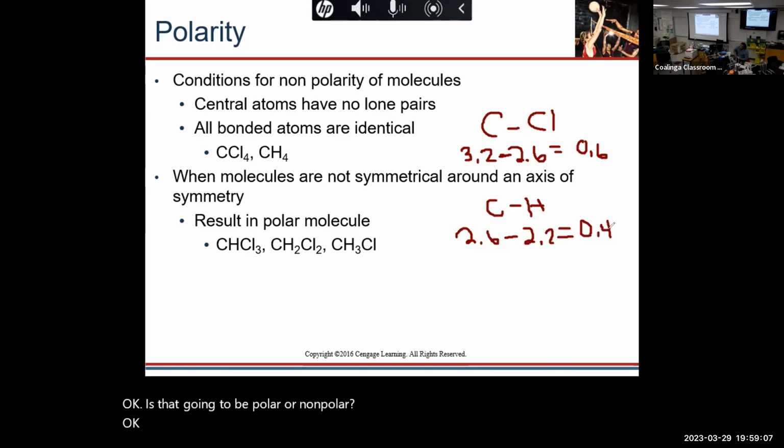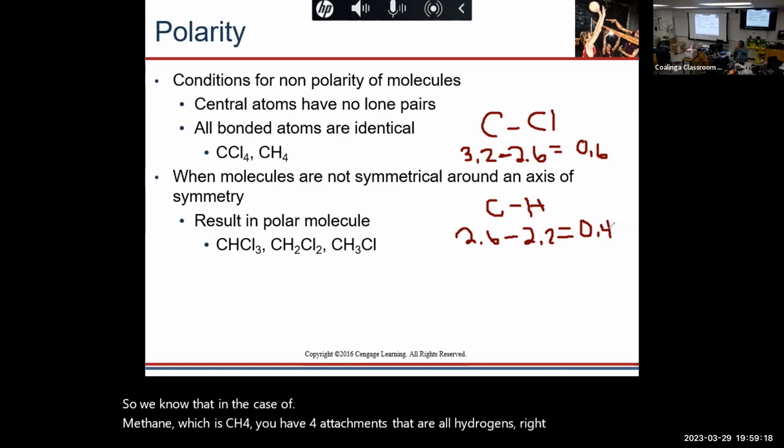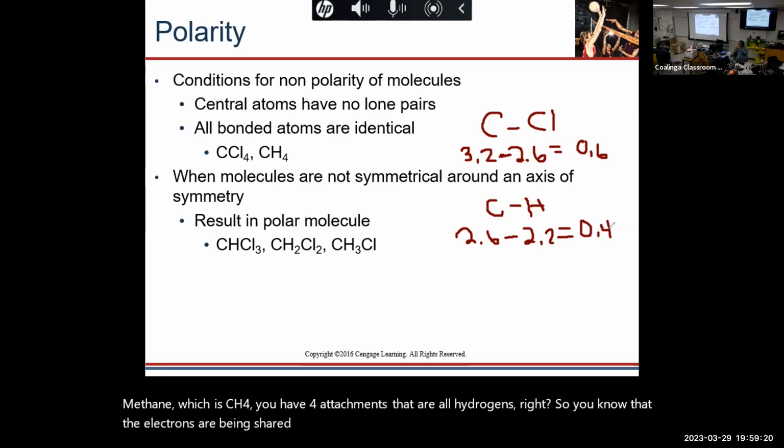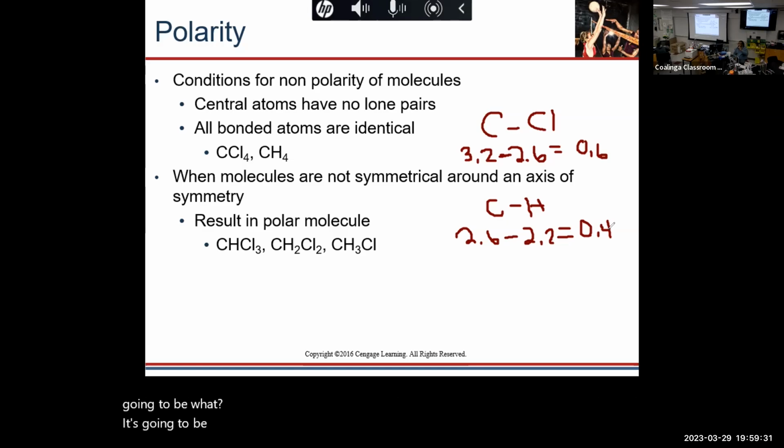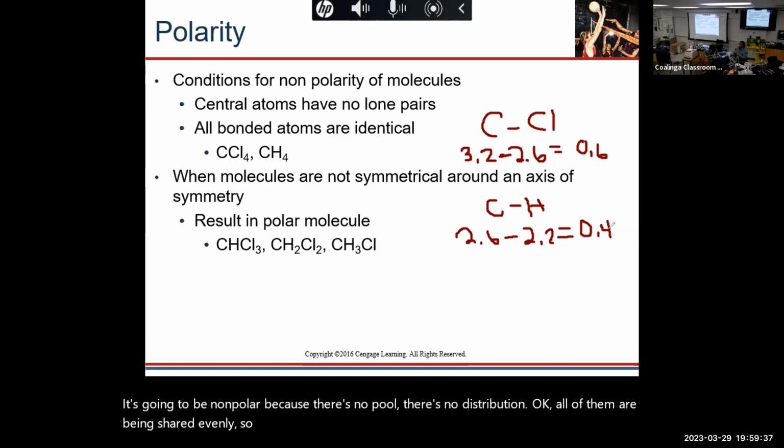In the case of methane, CH4, you have 4 attachments that are all hydrogens, so the electrons are being shared evenly. The molecular polarity is going to be non-polar because there's no pull, there's no distribution. All of them are being shared evenly, so nobody's pulling away from each other.